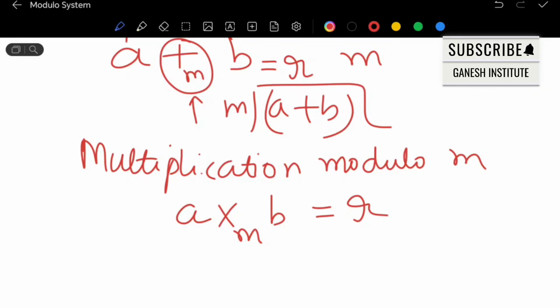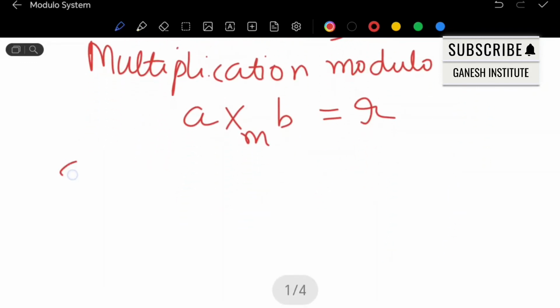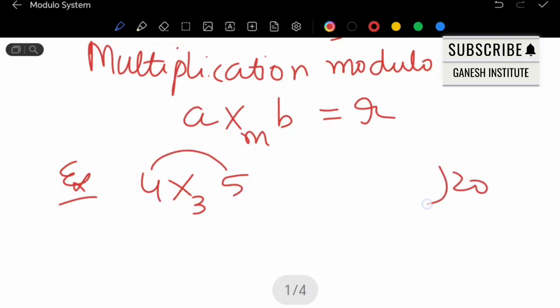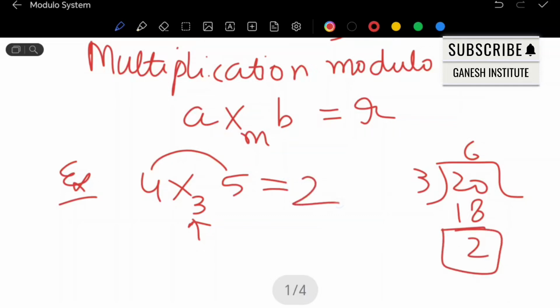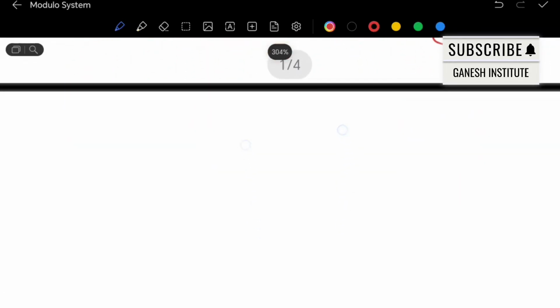So for example, we have 4 multiplication modulo 3 of 5. Firstly operate: 5 4s are 20, divided by modulo m, that is 3. So 3 6s are 18, 2 is the remainder, so the answer is 2. Got it? So this is how you can use modulo, addition, multiplication, and so on, whichever operation is given to you.